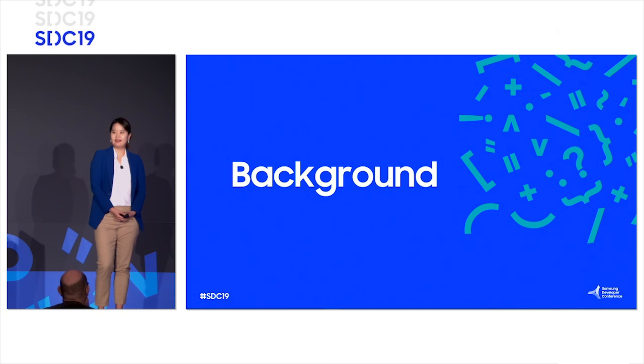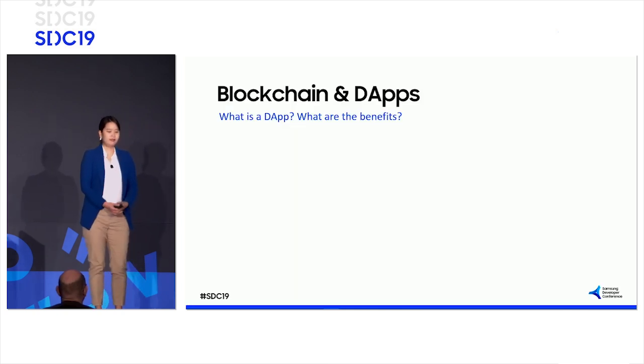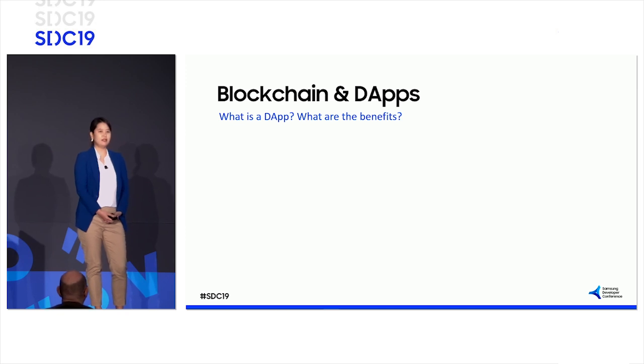Before we begin, I know some of you guys already know about this, but for those who don't, let me share with you some terminology and background related to blockchain. In this session, I will use a word, DApp, many times.